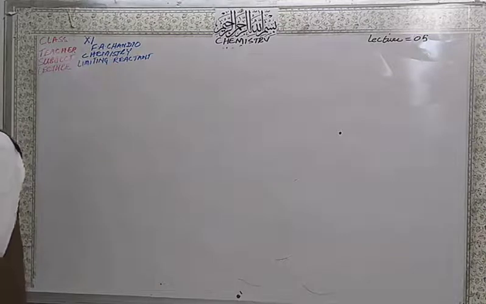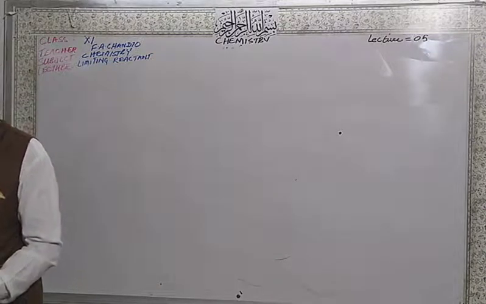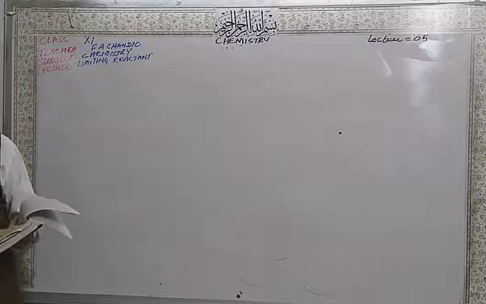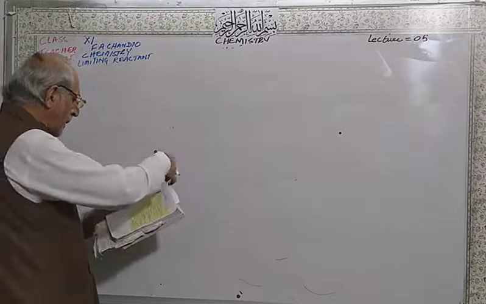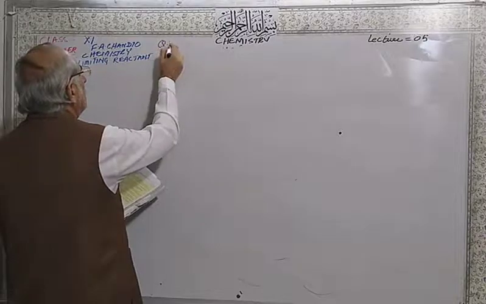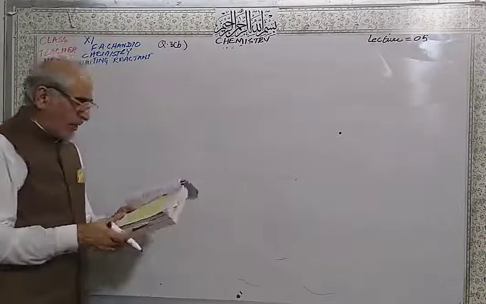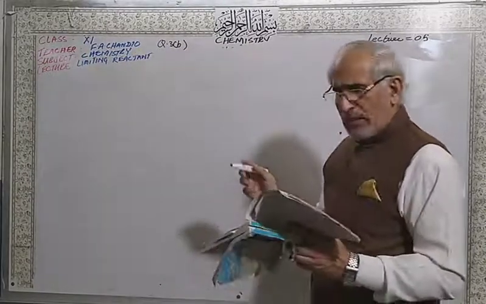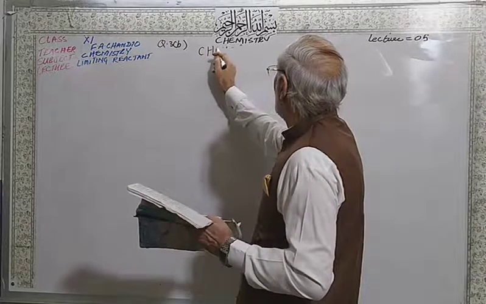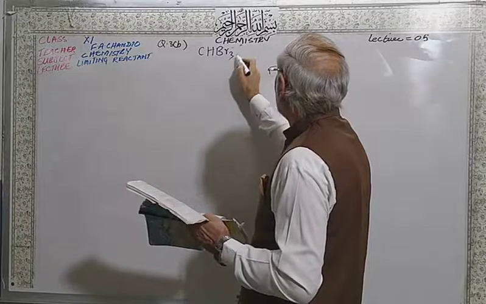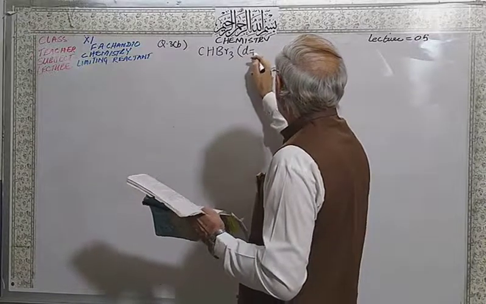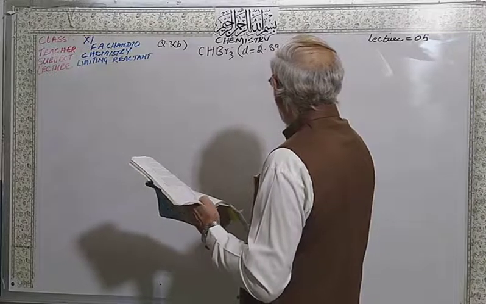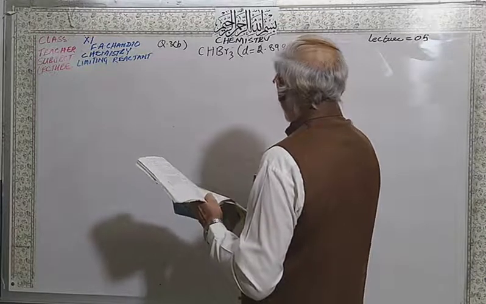Now there is one important another numerical. This is the exercise question number 3 part B. Liquid tribromomethane, an organic compound, has density 2.89 grams per decimeter cube.